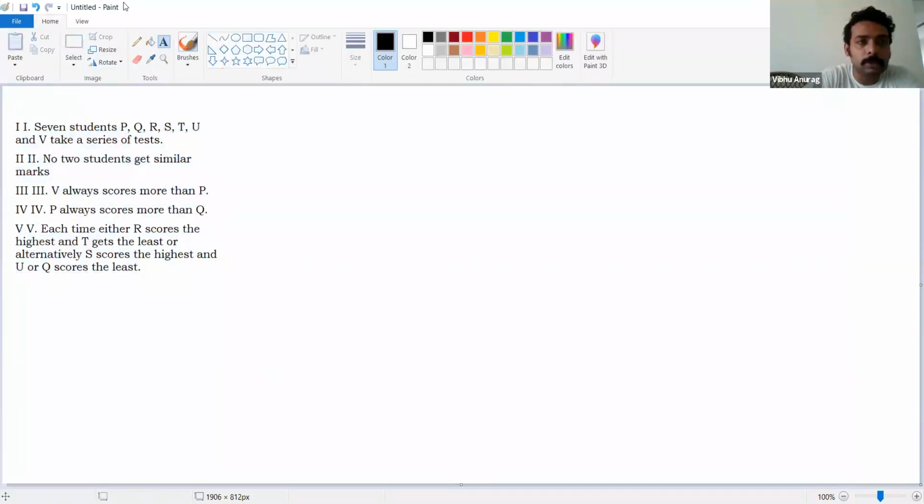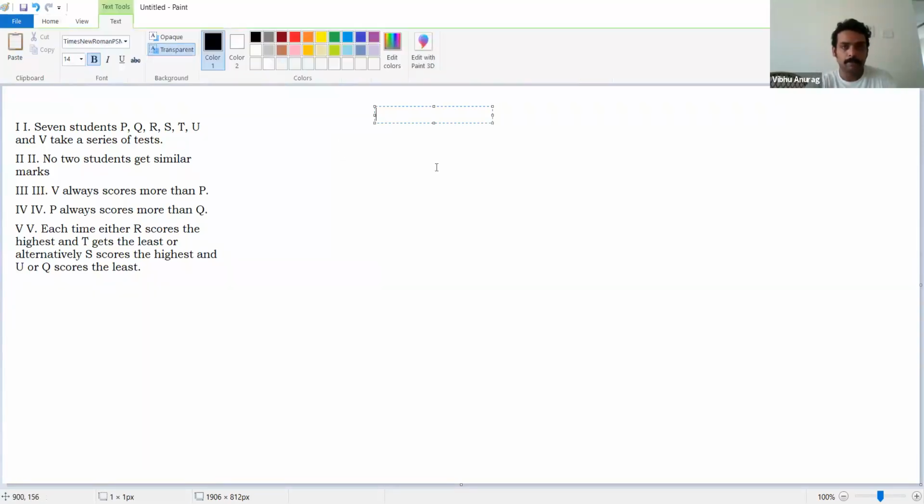So we have 7 students here. And they take a series of tests. No 2 of them get similar marks. V always scores more than P. P always scores more than Q. Each time either R scores the highest and T gets the least, or alternatively S scores the highest and U or Q scores the least. So we have 3 scenarios here.